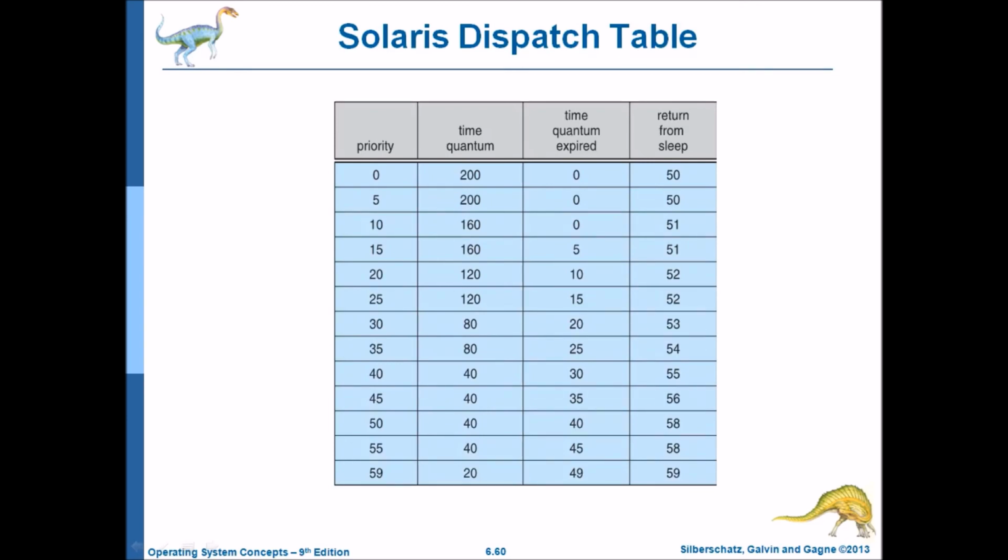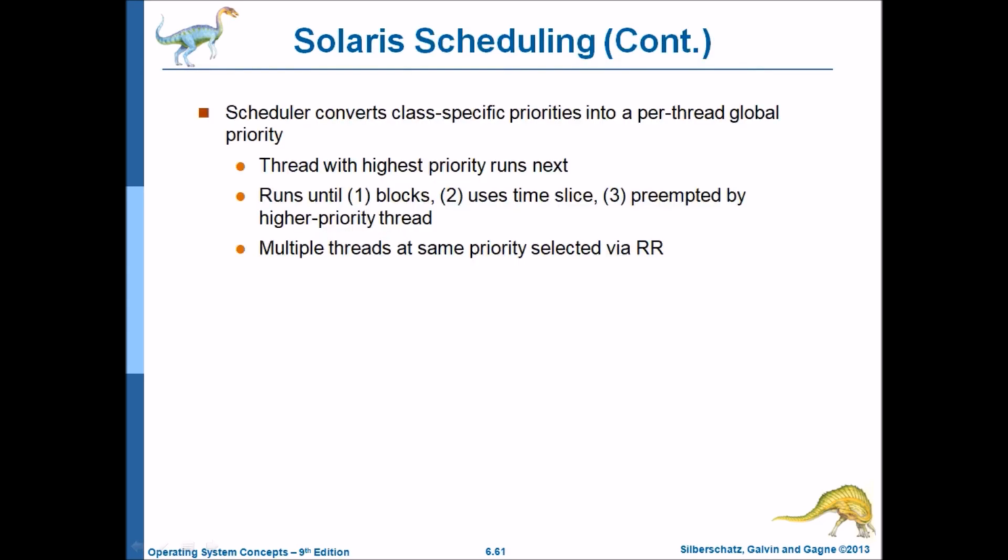So each scheduling class includes a set of priorities. However, the scheduler converts the class-specific priority into global priorities and selects the thread with the highest global priority to run.